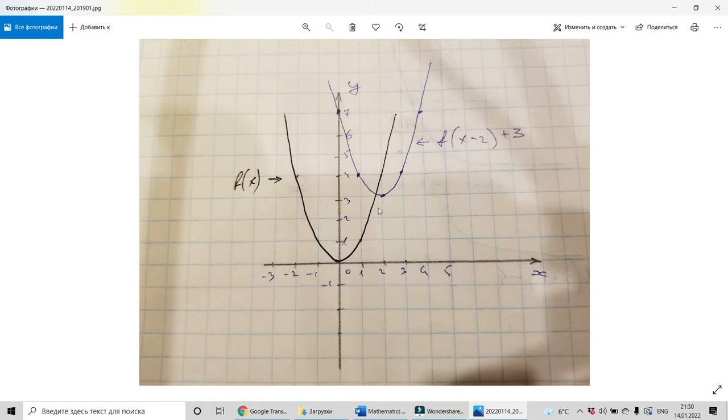I took some main points: the point (-1, 1) moved to (1, 4), (1, 1) moved to (3, 4), (-2, 4) moved to (0, 7), and (2, 4) moved to (4, 7), and sketched our next graph.